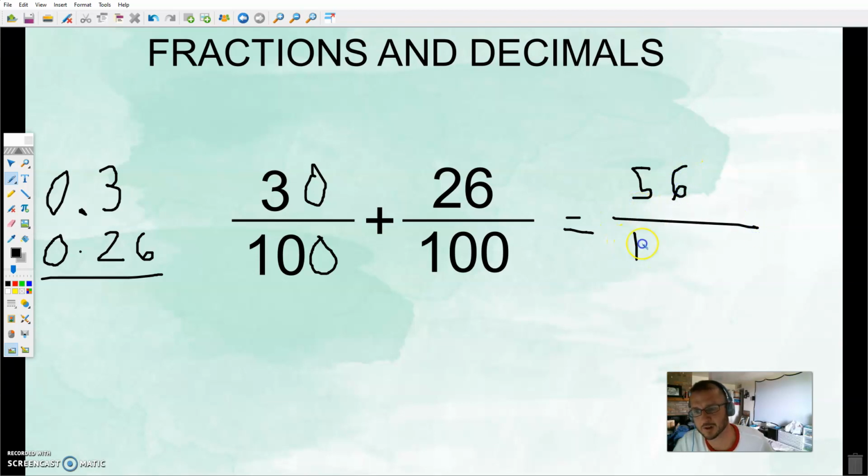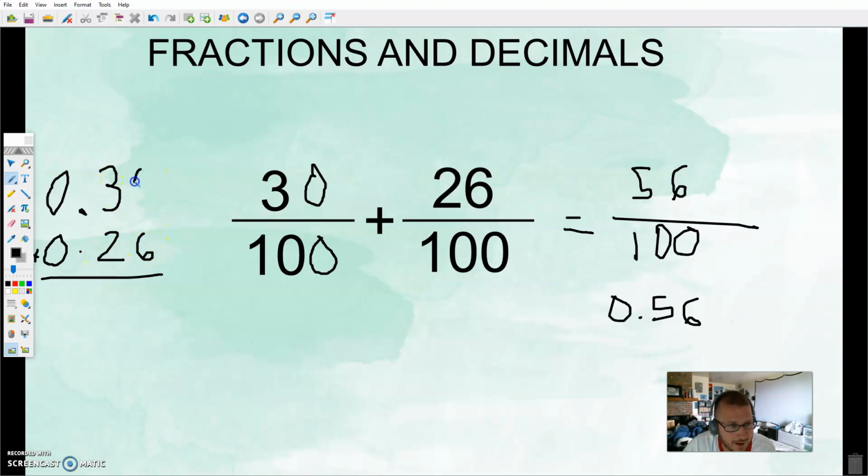And then if you remember converting that to a decimal, the 6 just needs to be in the hundredths place. So the 5 is in the tenths. The 6 is in the hundredths. If you want to think about it as adding them after you've converted it to decimal form, you just need to make sure, as in all addition, that your place value lines up. Your ones are with your ones, your tenths are with your tenths, your hundredths are with your hundredths.